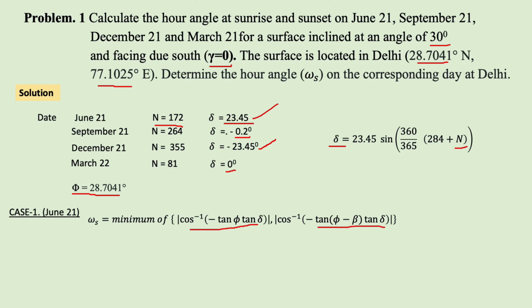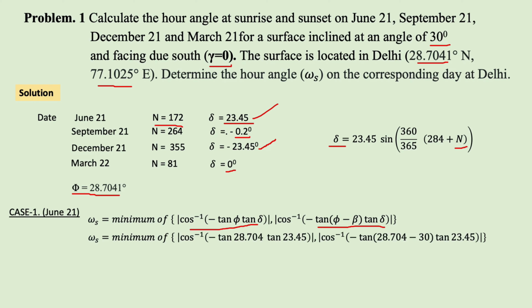So we have to place the values of phi, delta and beta in this equation. Here phi is 28.704 degrees and delta is 23.45 degrees on June 21, and this is phi minus beta, and this is again delta, that is 23.45.